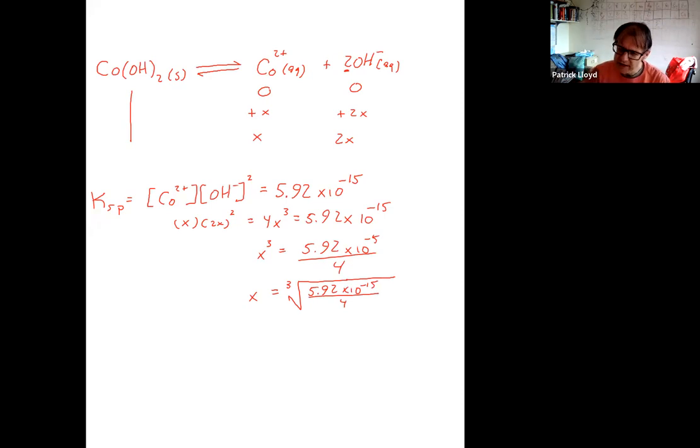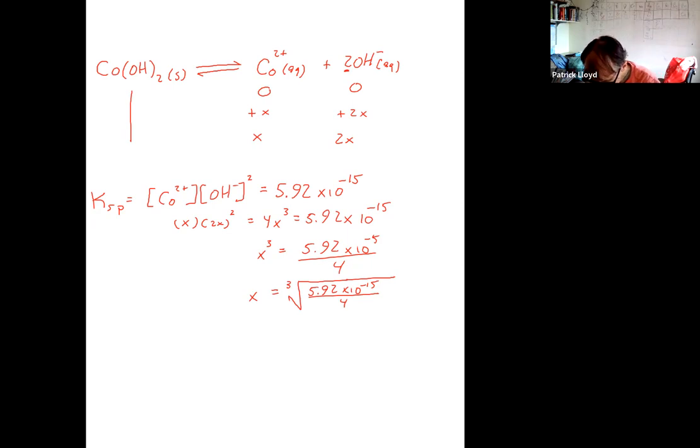So far, so good, right? So if we plug all that in, 5.92 times 10 to the minus 15, divide that by 4, and then we're going to take the cube root of that.